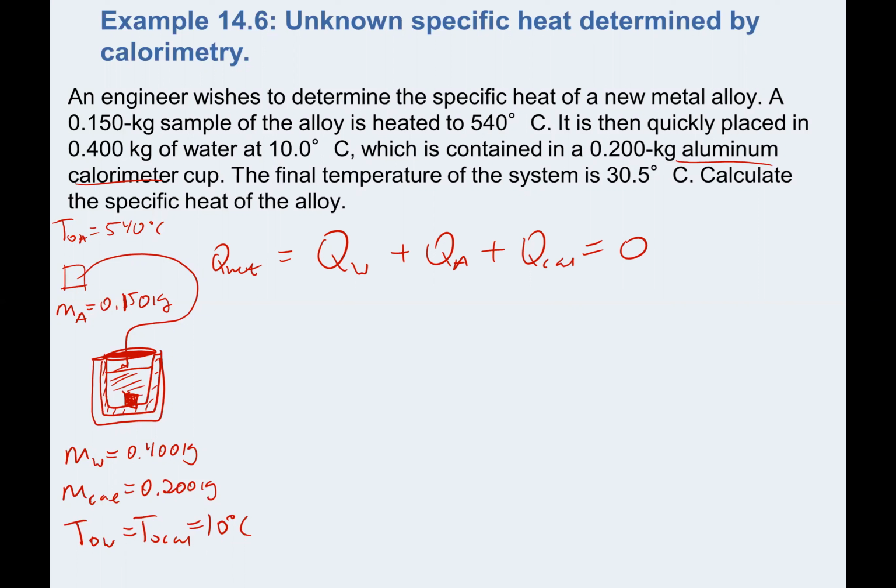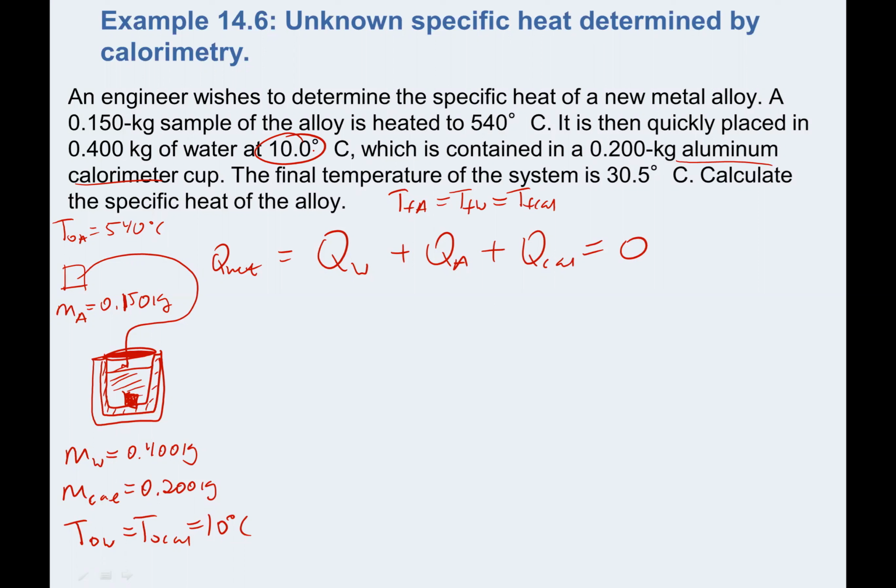Now, we're given the final temperature of everything. We're told that the final temperature of the alloy is the same as the final temperature of the water and the calorimeter cup. So the temperature of the water goes from 10 to 30 degrees Celsius when you put the alloy in.